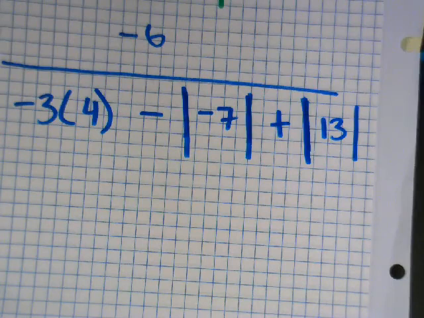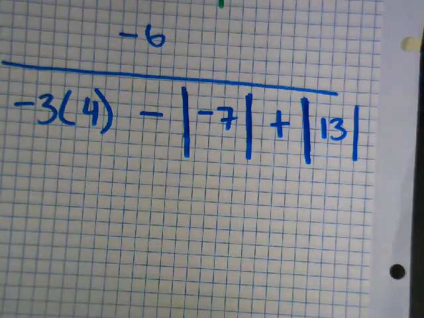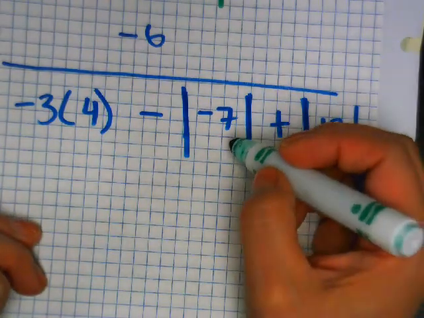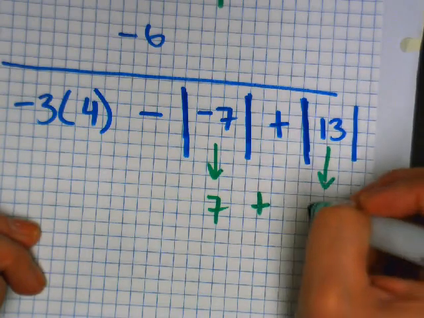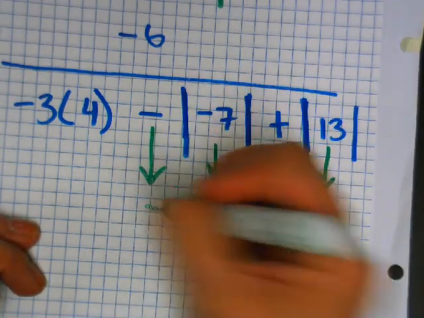The bars, okay. We'll do that later. Not yet. All right. So if I drop down each number from the bars, what's the absolute value of -7? 7. Plus, what's the absolute value of 13? 13. Drop down the minus.